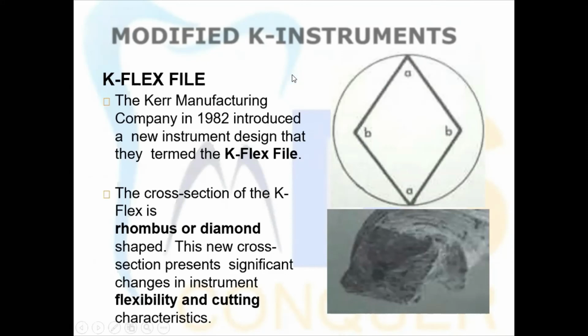Less cutting efficiency due to its cross section. So they have been modified with a different cross section, rhomboid or diamond shaped, that has two acute angles alpha and two obtuse angles beta, which helps in increased flexibility and the cutting action of the files.